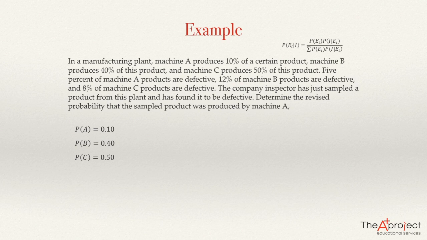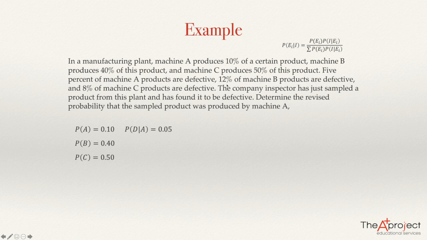We notice that these three events are exhaustive and mutually exclusive because adding together their probabilities, the answer is 1. We also know that 5% of machine A products are defective, so the probability of being defective, given that the product is coming from machine A, equals 0.05.